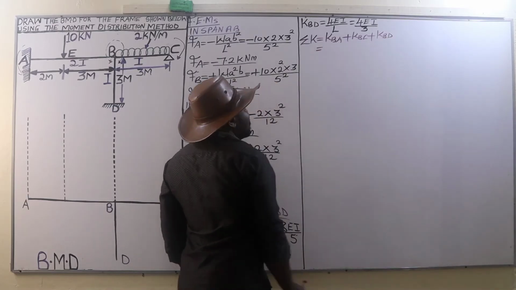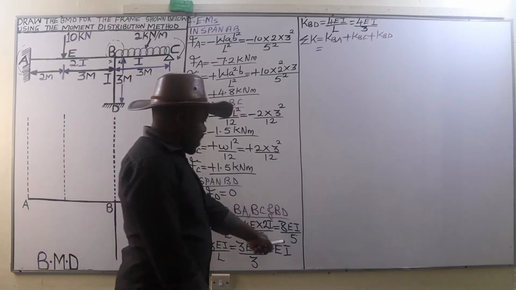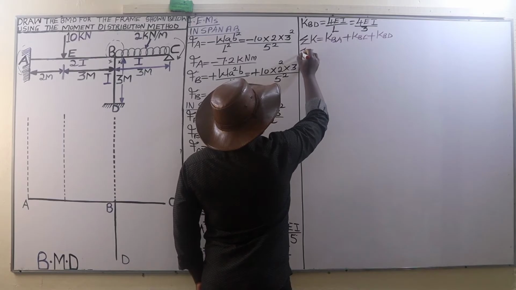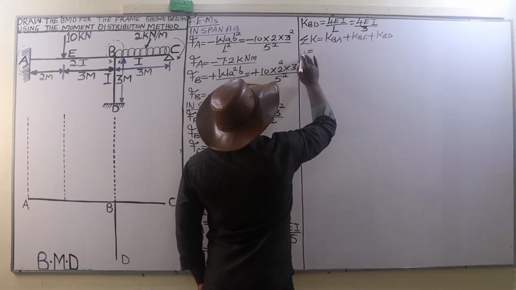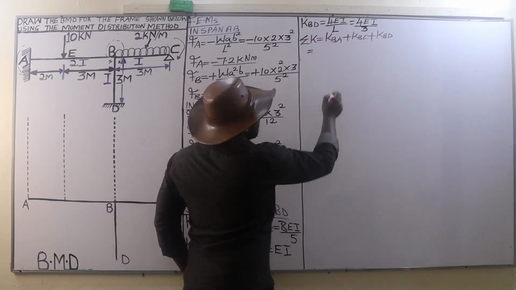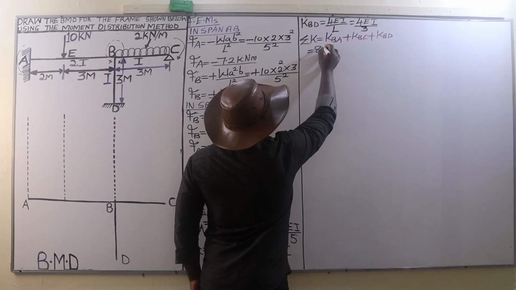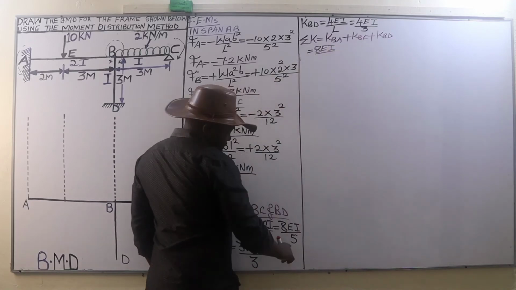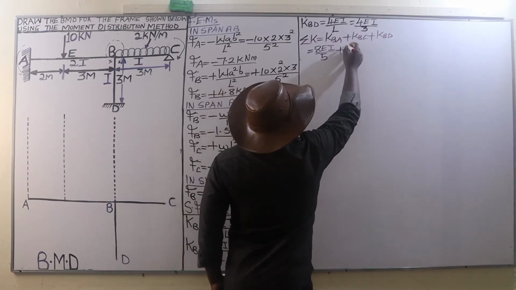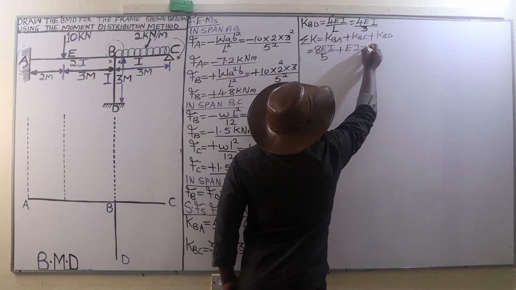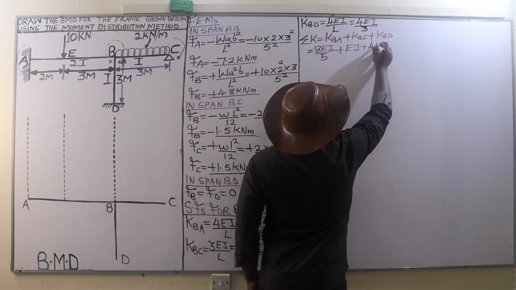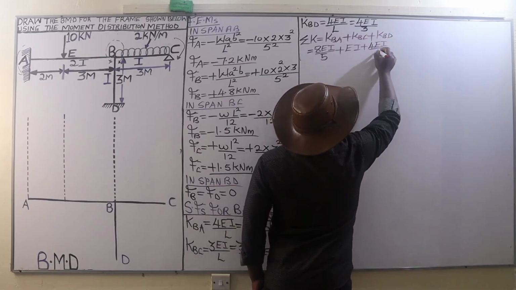So the summation of K will be given by 8EI divided by 5, that is KBA, plus KBC, that is EI, plus KBD, which we got up here, 4EI divided by 3.